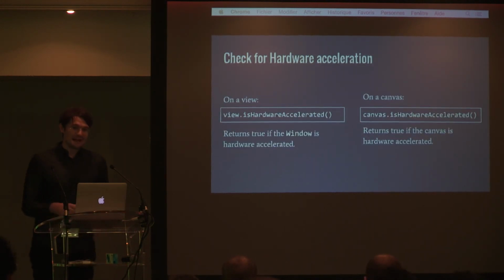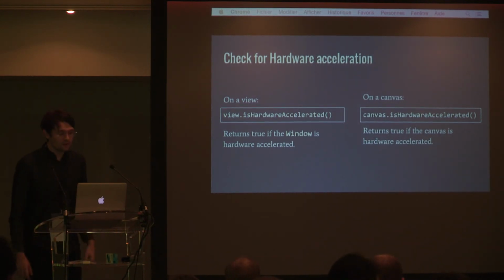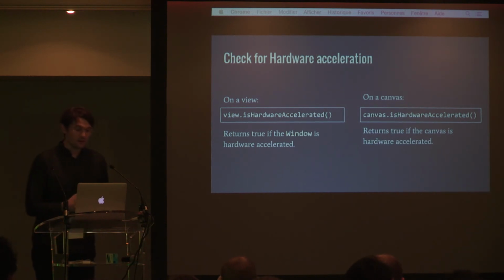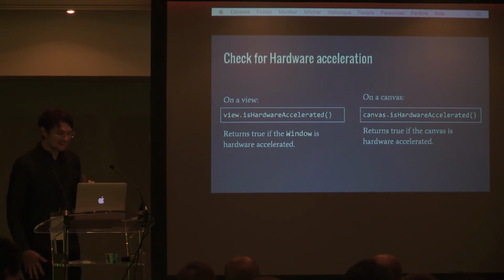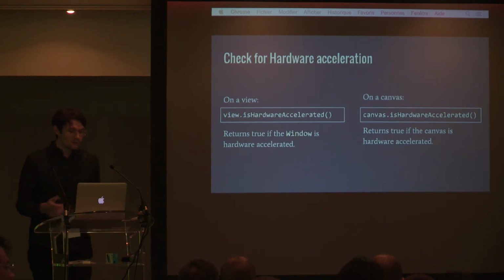So, as I said, we can disable hardware acceleration, but we also can test for it. Two methods to test. You can test on your view, so it will return true if your window is hardware accelerated. So if you have set hardware acceleration on the application tag, on the activity tag, or straight on the window, you will have a true.